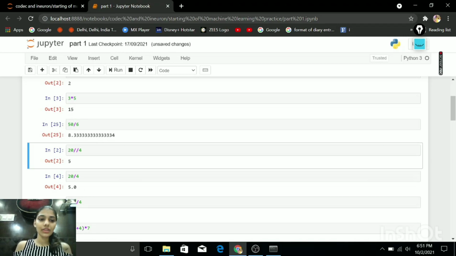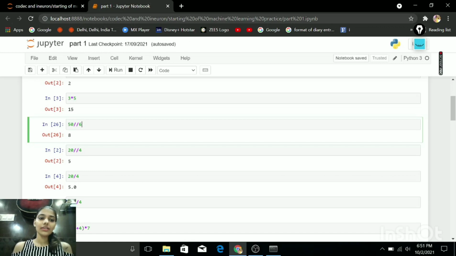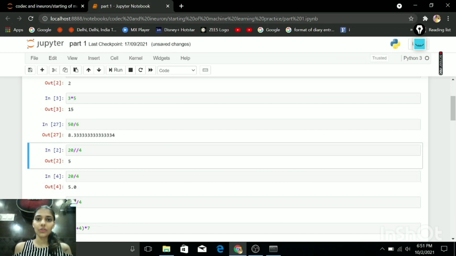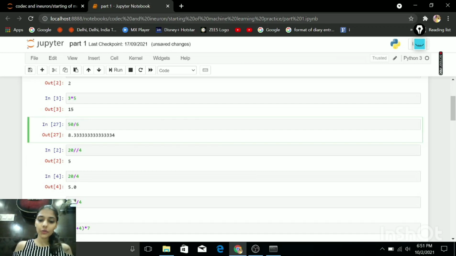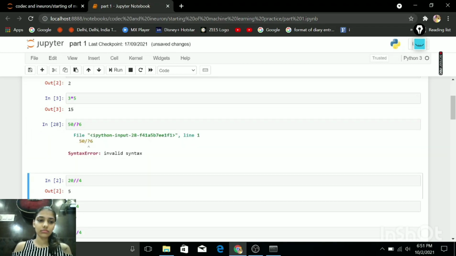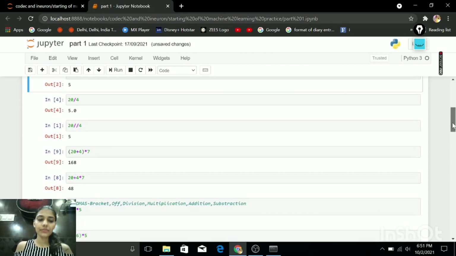But if I do 50 double divided by 6, it's only 8. If you want point values, then it's simple, only 1 divide. If you don't want to take point values, then double divide. Okay guys, then it's only 8.